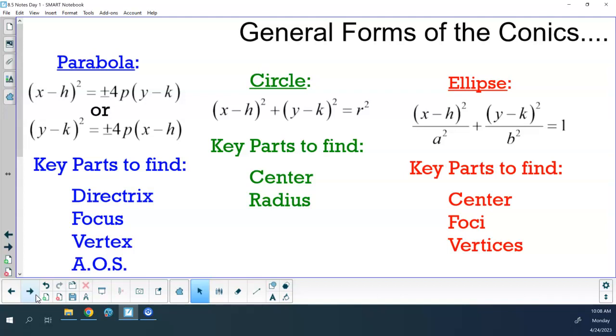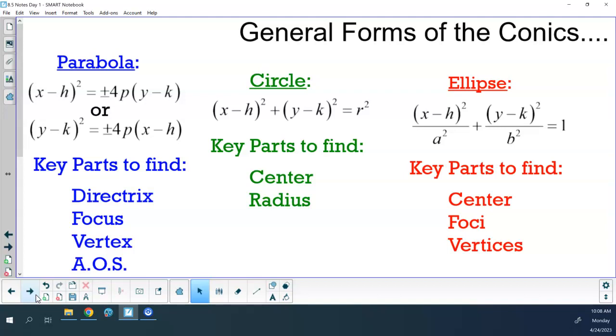Okay? That was from 4 weeks ago. That was the first unit we started with a month ago. Then we moved on to circles 3 weeks ago, and we did the equation of a circle. That's the nice one because there's only one form for it.